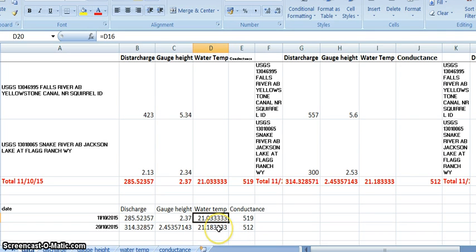It has risen by nearly 0.2 of a degree, but the conductance, how much electricity they can pass through the water, has actually dropped from 519 to 512. So I don't know whether that's the molecules within the water.